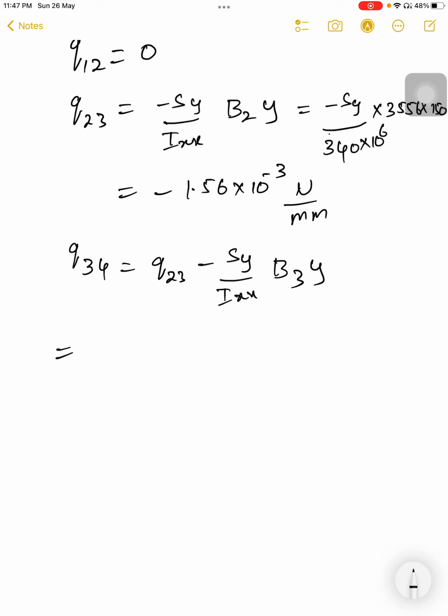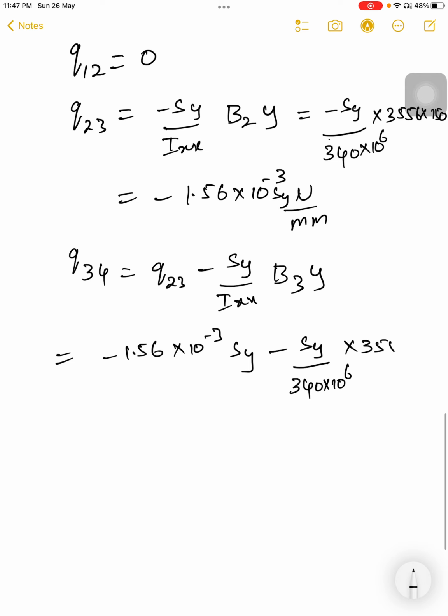So Q23 will be minus 1.56 into 10 power minus 3 into Sy, minus Sy divided by 340 into 10 power 6 into B3, B3 is 3556 into minus 150.